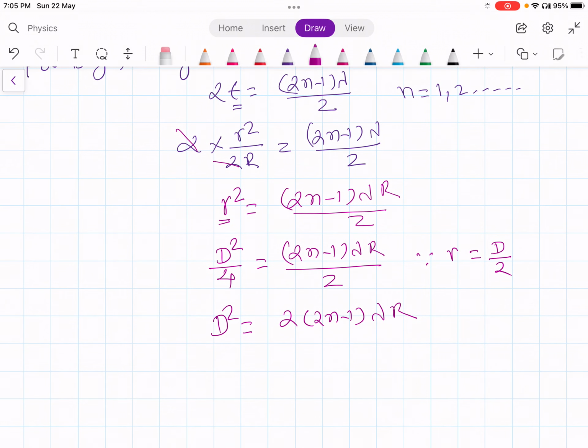So this D is the diameter of the first ring, second ring or any ring.